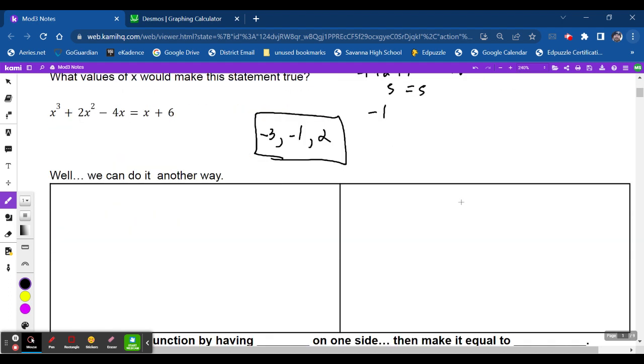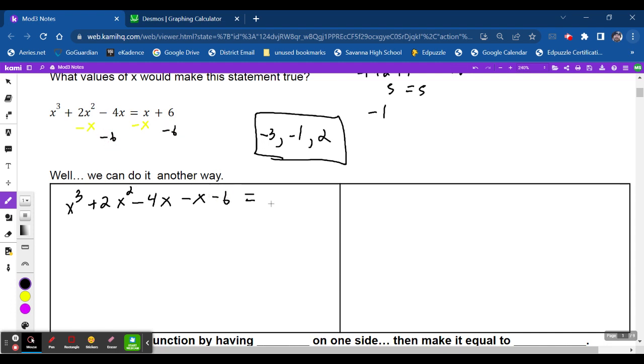So the first thing we're going to do is move everything to the other side. I'm going to move this x to the other side, so I'm going to minus x on both sides. So I'm left with x cubed plus 2x squared minus 4x minus x is equal to, wait a second, I want to move this 6 too, so I'm going to minus 6 on both sides.